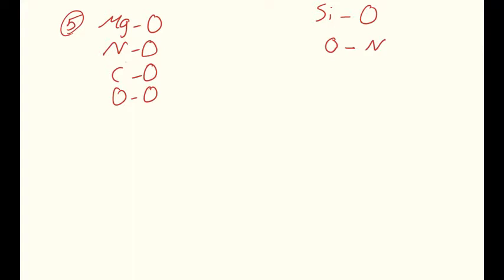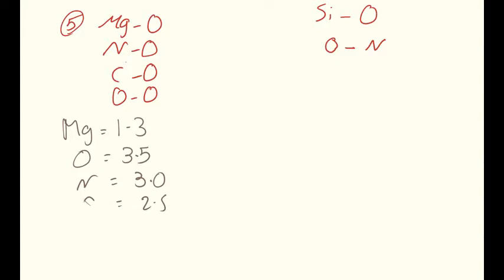First, look up the values of electronegativities in the table. I will write them here for you. Mg is 1.3, O is 3.5, N is 3, C is 2.5, and Si is 1.9. Now the differences: Mg and O, 3.5 minus 1.3, is 2.2.